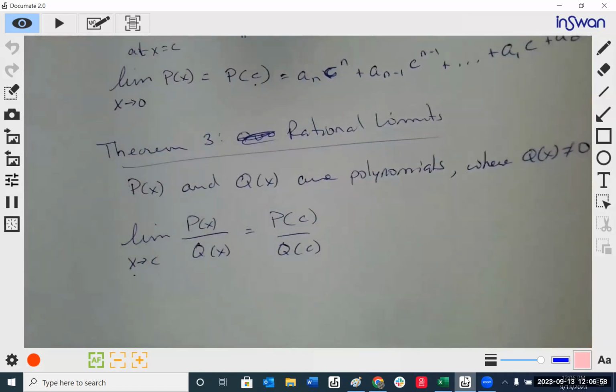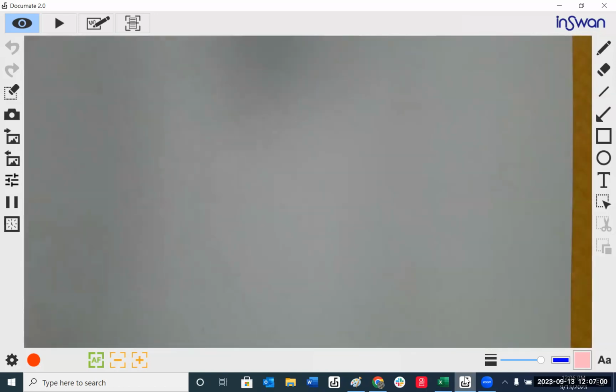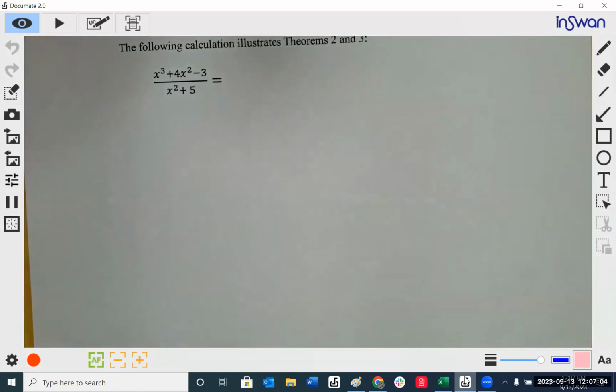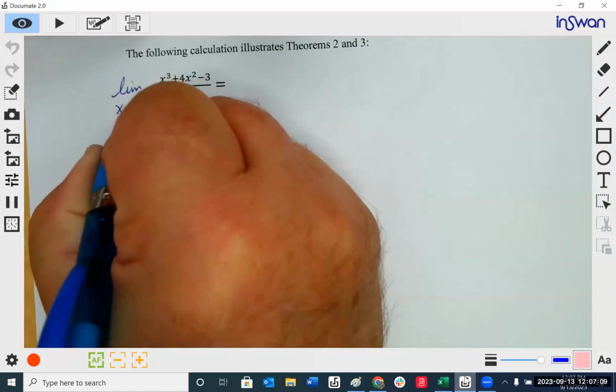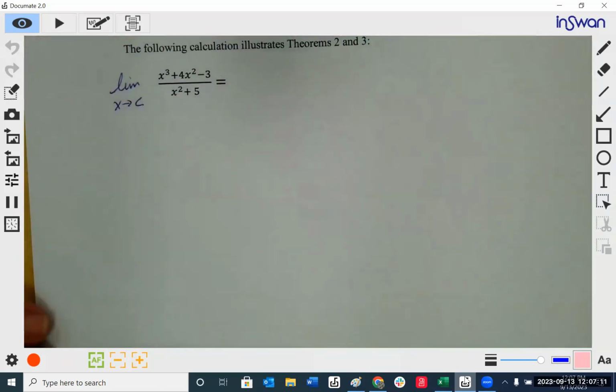Here's an example. Take the limit as X approaches C of this rational polynomial.